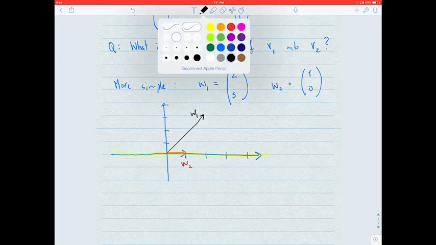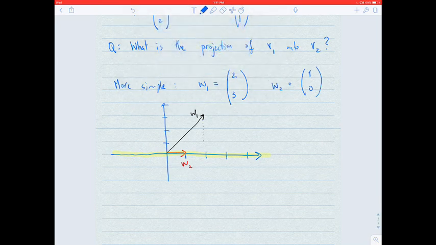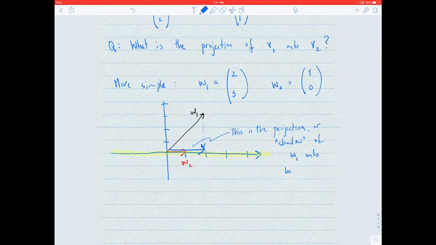So in other words, this is the projection, or shadow, of W1 onto W2. Okay, so now we're using our visual intuition here to solve this problem. So the projection is the vector (2, 0). Okay, so this is now suggestive.